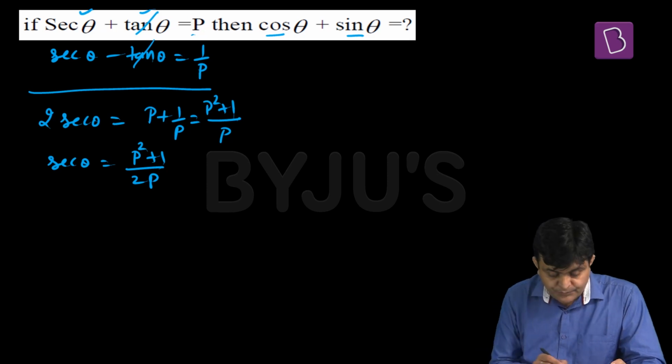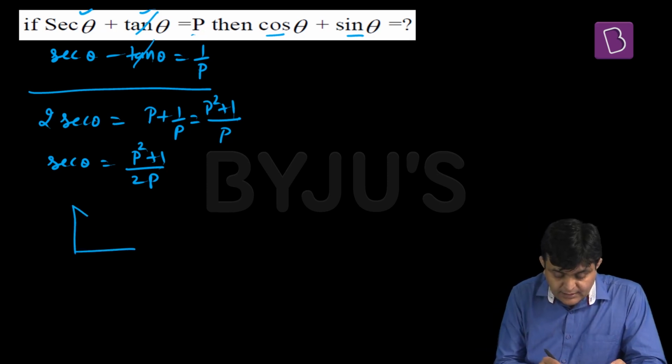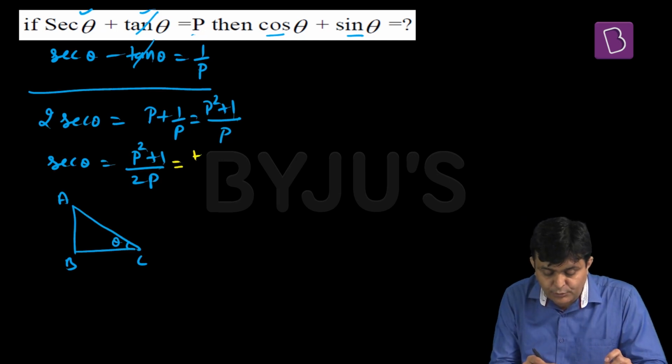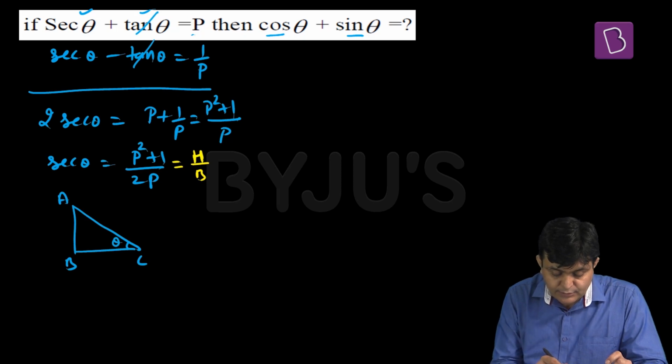Hope you understand. Now make a right angle triangle, right angle at B and this angle be theta, and see properly. Secant theta is hypotenuse by base, so it is P square plus 1 and base is 2P.